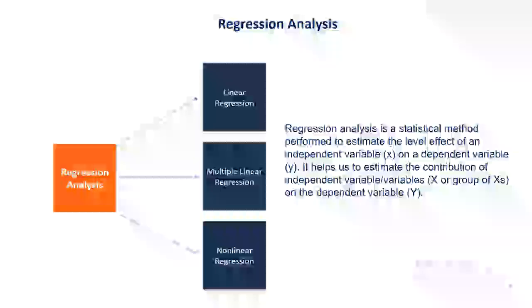For example, sales and revenue. Let's say some company sells 100 units of a bulb, and you look at what kind of revenue they generate. So y is the revenue, which is the dependent variable.